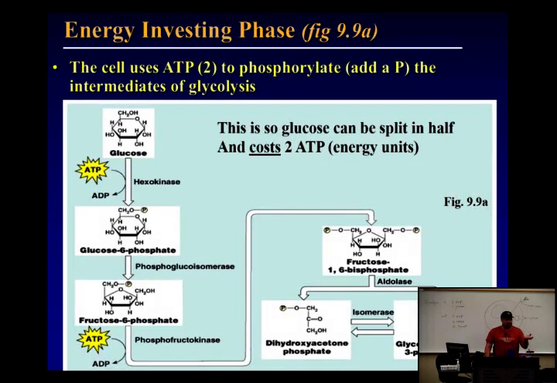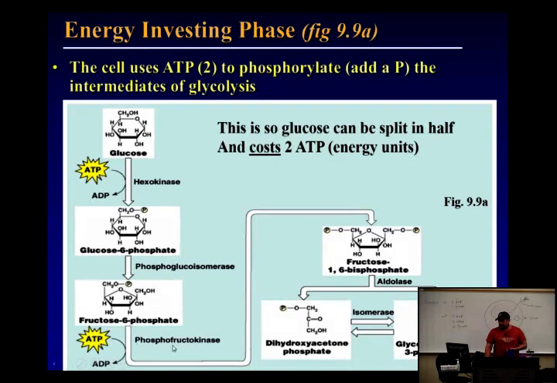No, that's an enantiomer. Isomer, it could have a different shape, right? But the same parts, right? Iso means same and meros means part, same parts. So fructose is an isomer, right? It's still C6H12O6. And so this is called fructose 6-phosphate because now the phosphate's on the 6th carbon of fructose. That's all it's done, right?